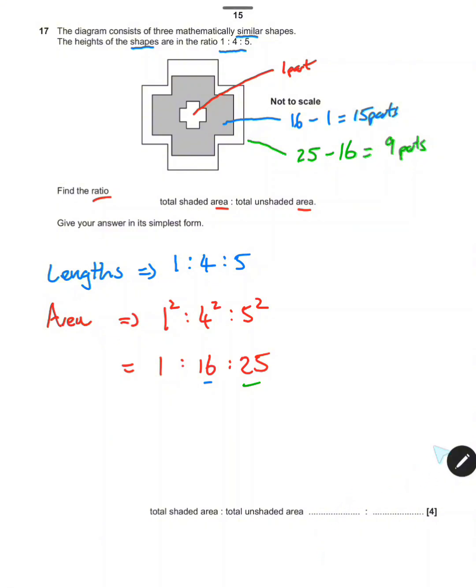If I want to do some total non-shaded area, so let's jot that down, total unshaded is going to be 9 parts added to the 1 parts.